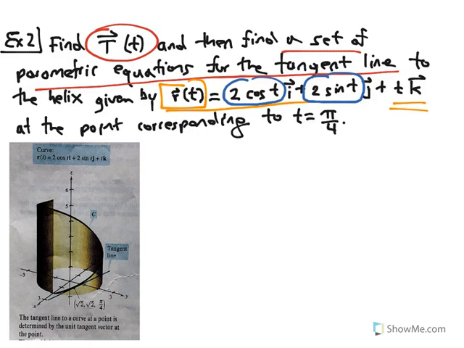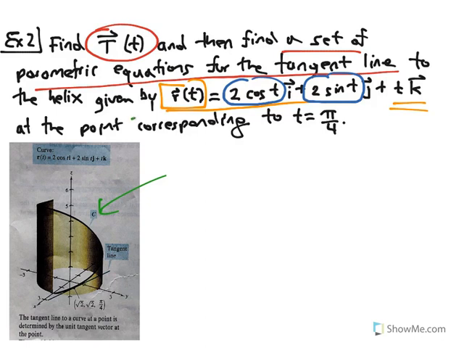And then if you extend that circle into 3 dimensions by either raising it or lowering it, you will get a cylinder.